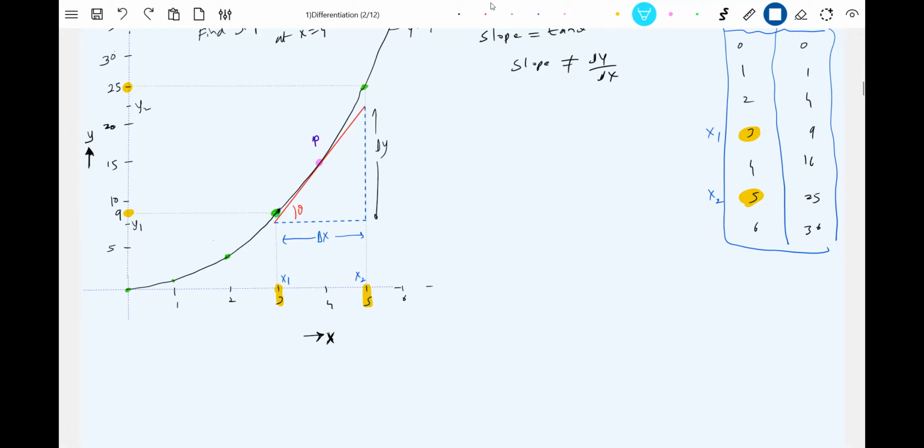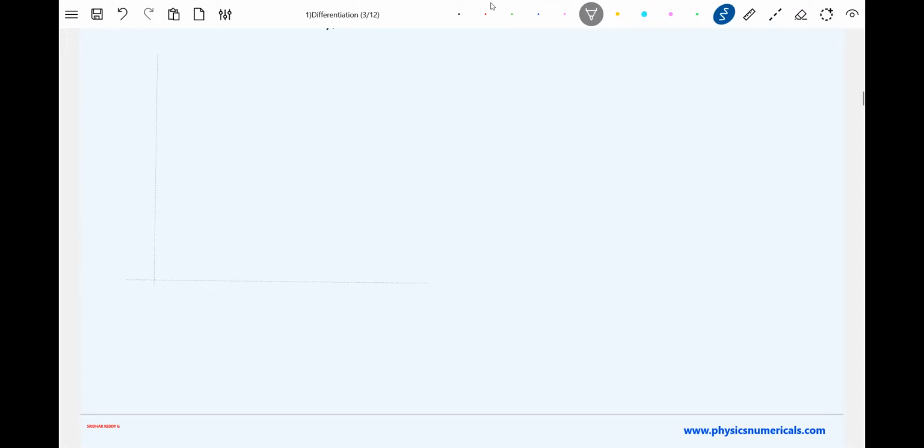I think I'll put in one more curve. Drawing the curve a little bit.